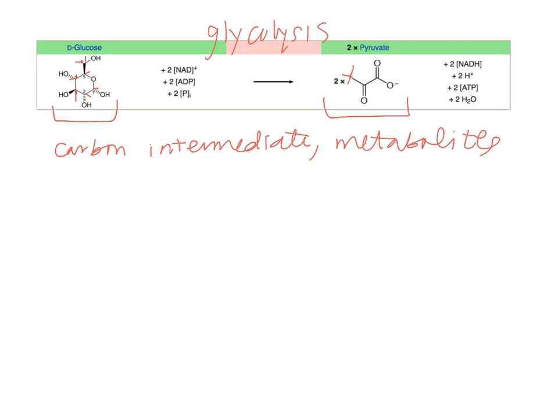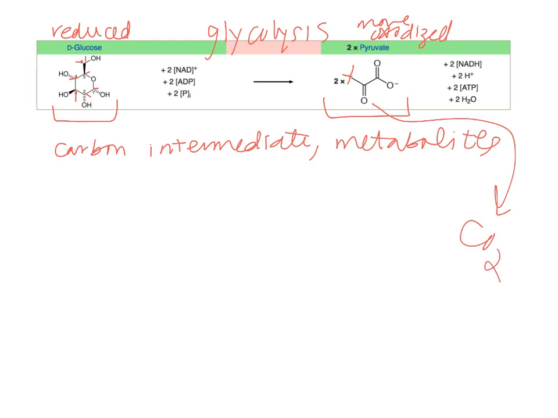So we're going from glucose, which is more reduced, compared to pyruvate here, which is the more oxidized of the pair. So when you compare glucose and pyruvate, you can see that we're on the way to getting to CO2, but we're not completely there. So glycolysis is not the end of the line for breaking down a glucose, because we have to get from pyruvate to CO2.